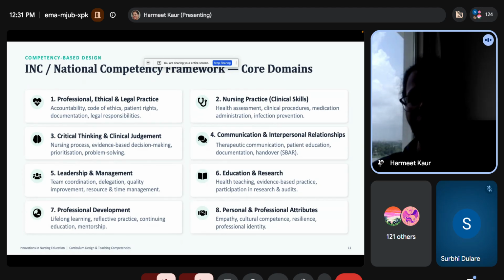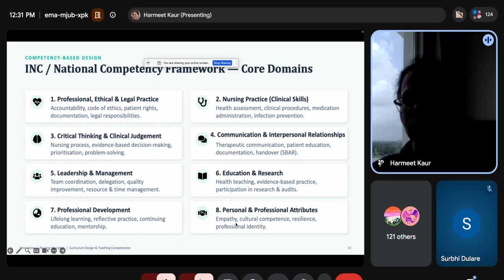But after that also a lot of things will change, like COVID-19. We all learned how to manage a patient with COVID-19. If you do not learn, you will not be able to manage certain situations. So professional development, continuing education, mentorship, everything also comes in the competency framework.